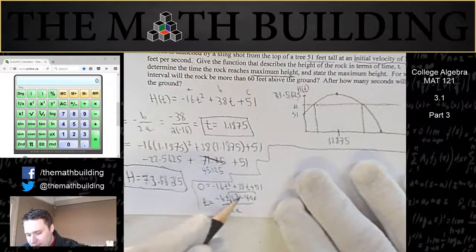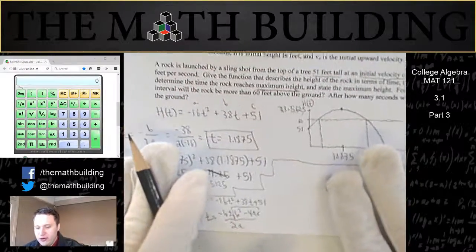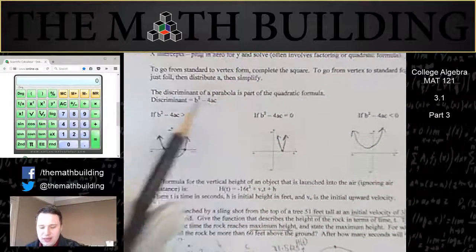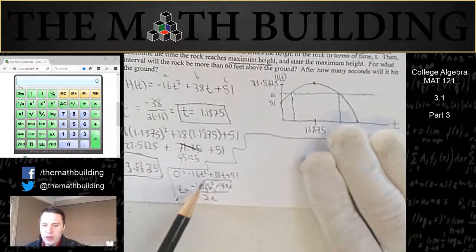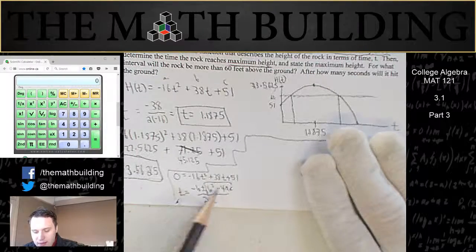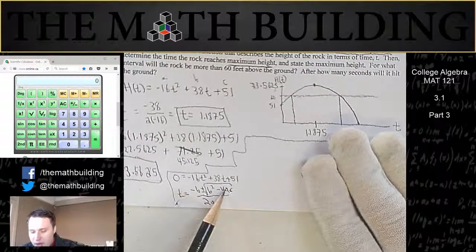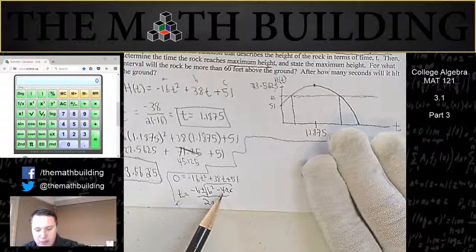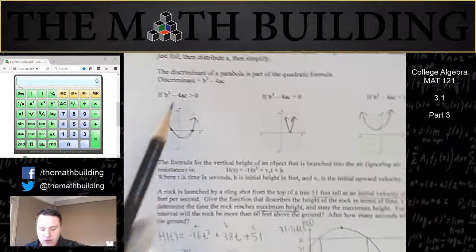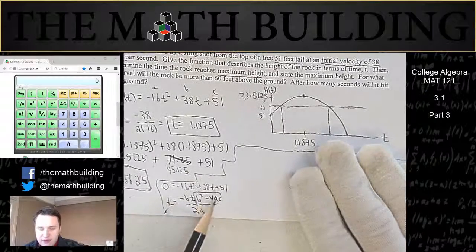Does that b squared minus 4ac seem familiar to you? Where have we seen b squared minus 4ac before? Oh yeah, the discriminant. That's the discriminant right there. So let me explain really quickly how this works. When this discriminant is a positive number, then we get two answers because we get plus the positive number and minus the positive number. And so we get two x-intercepts when the discriminant is positive.